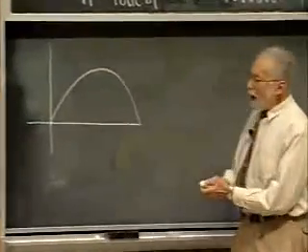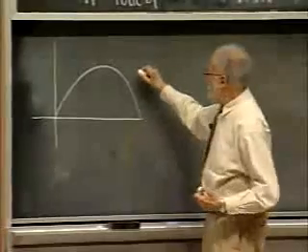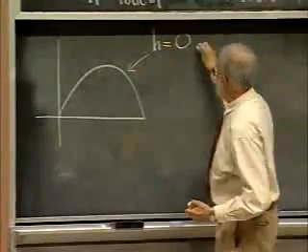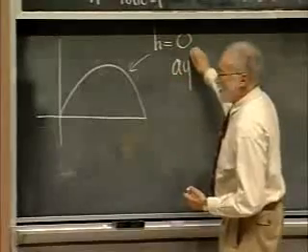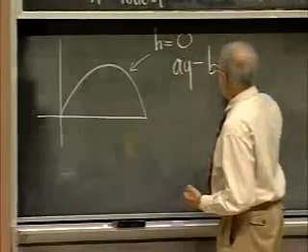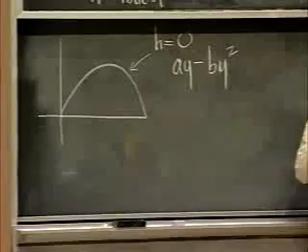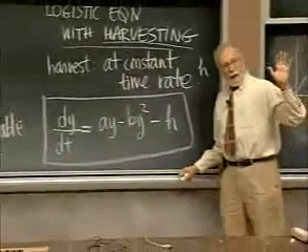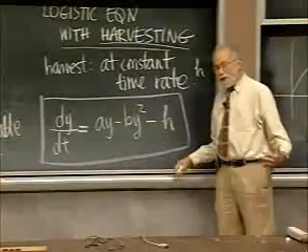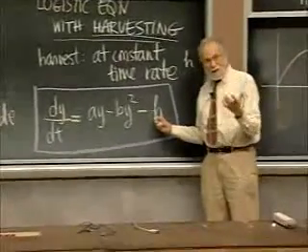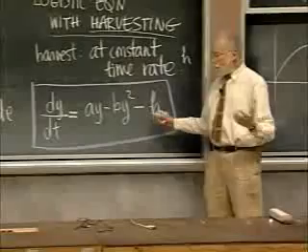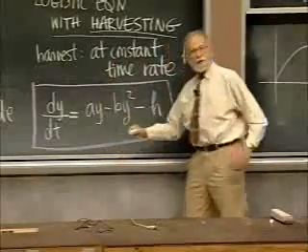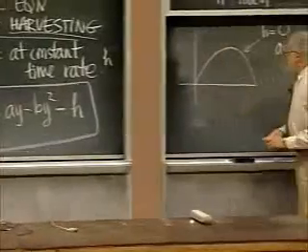So this is our original one, corresponding to h equals 0. In other words, it's the equation ay minus by squared, with h equal to 0. Now, I want to increase the value of h. As I increase the value of h, in other words, harvest more and more, what's happening? Well, I simply lower this function by h.